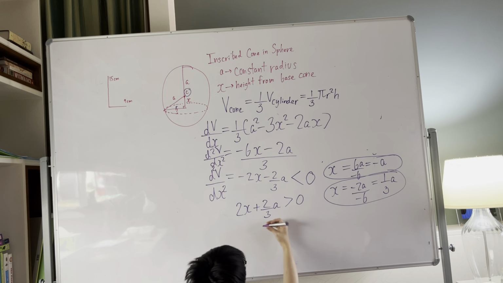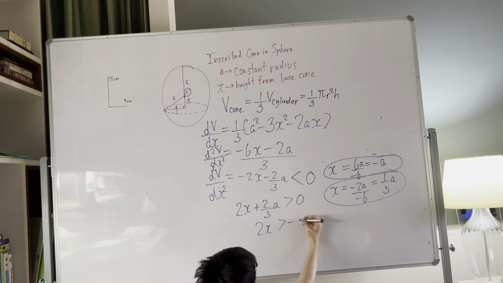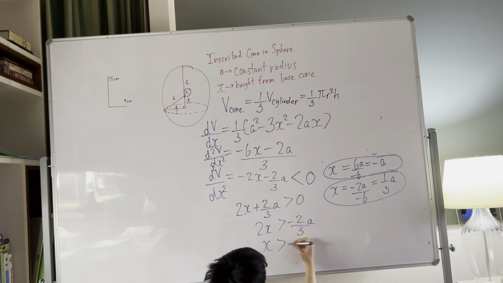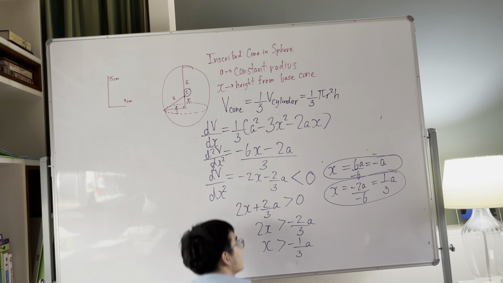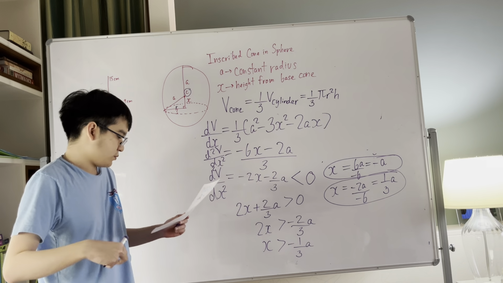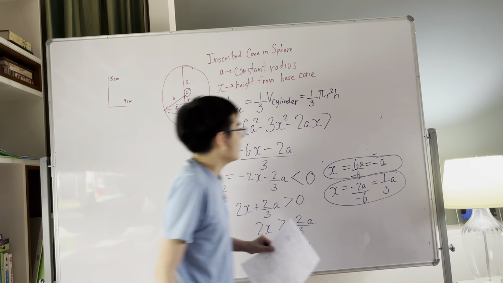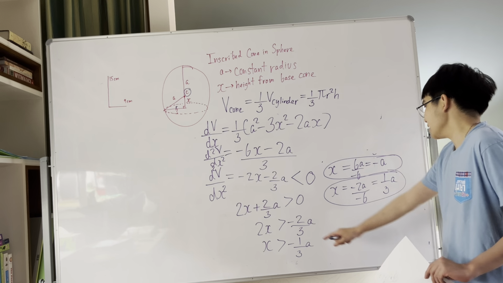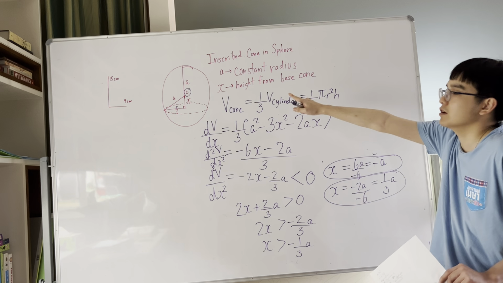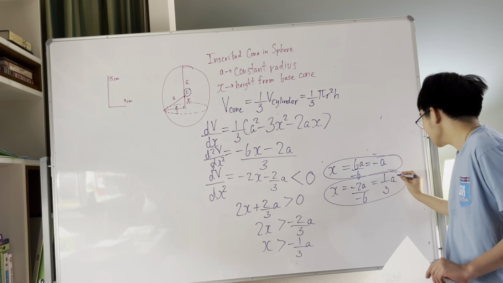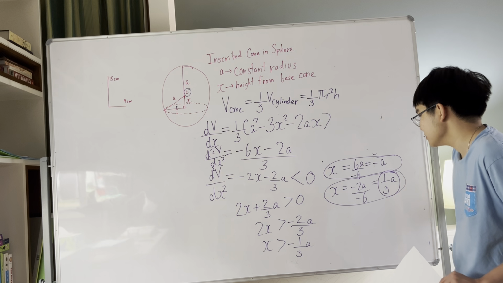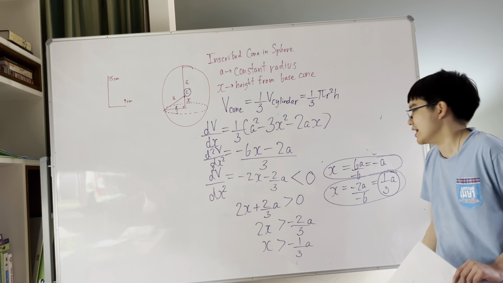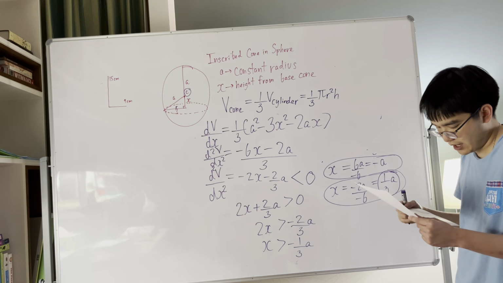And then if we subtract that, we get 2x is greater than minus 2/3 a, which if you divide by 2, just becomes x is greater than minus 1/3 a. Good. And that's consistent with the work that I've shown. So then, the only value of x which will work to maximize our cone's volume will be this one over here, since 1/3 a is greater than minus 1/3 a, and minus a is less than minus 1/3 a.